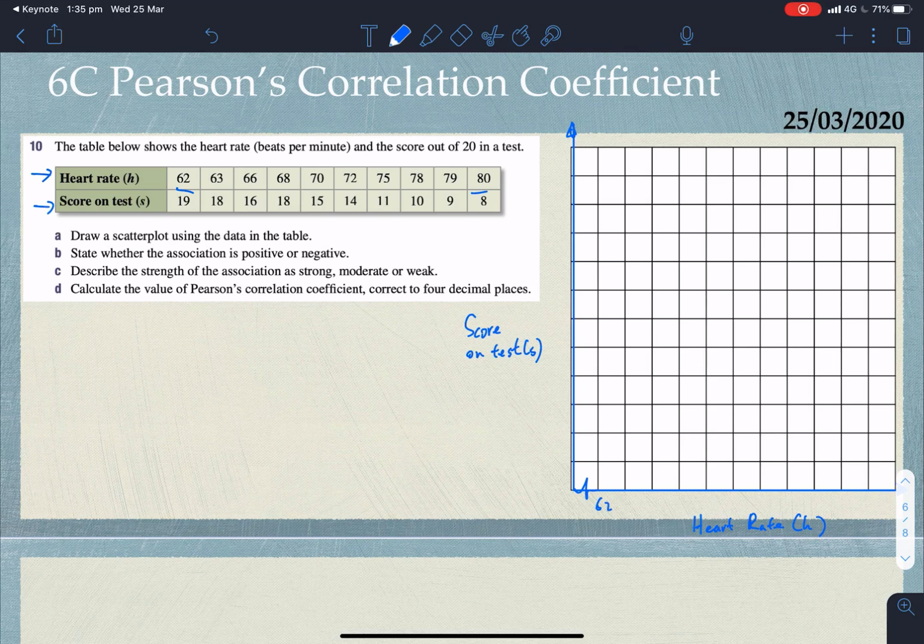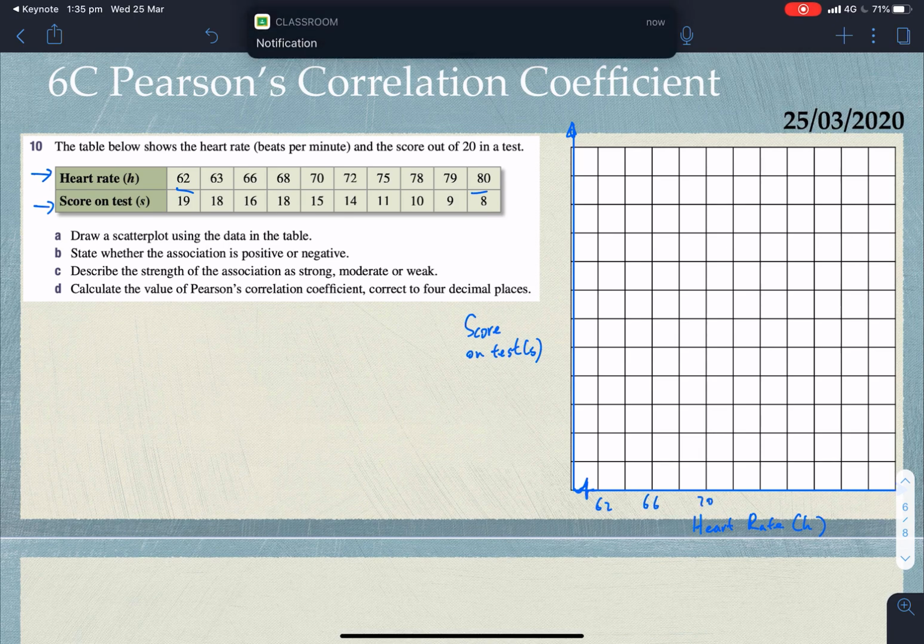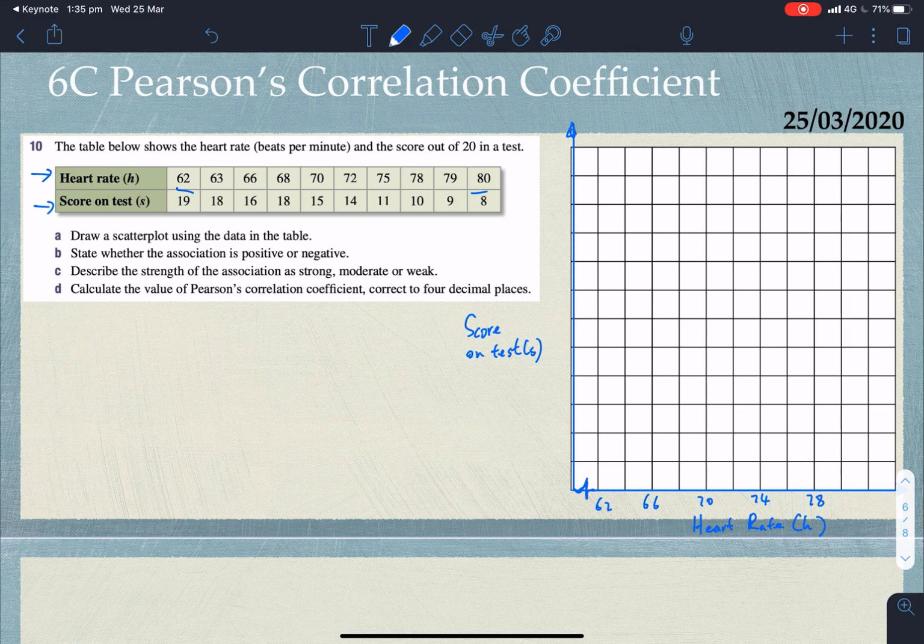I do that little break here so I don't need to start from 0. So 64, 66, 68 and 70, 72, 74, 78, and then 80, 82. Okay, that should be good.